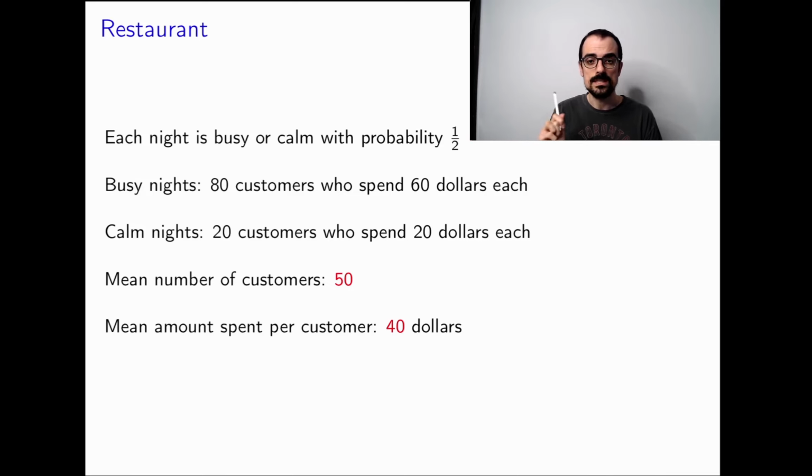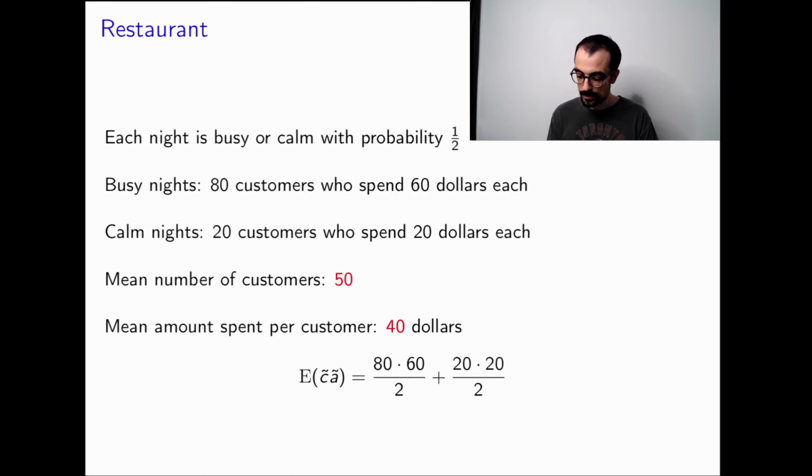But now, what is the mean revenue that we get? To compute the mean revenue, we need to compute the mean of the product. With probability 1/2, the revenue is 80 times 60. With probability 1/2, the revenue is 20 times 20. The calm nights.